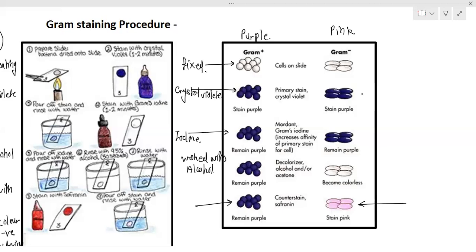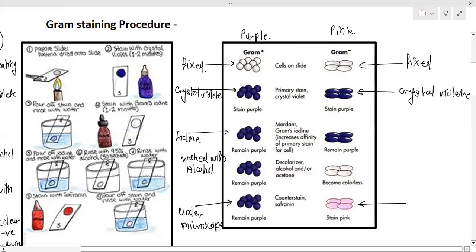Clear about it? So when we observe under the microscope, they appear purple only. On the opposite side, look at what happens in the pink bacteria, the gram negative bacteria. I fixed the bacteria as usual, then I added crystal violet, and the bacteria became purple.